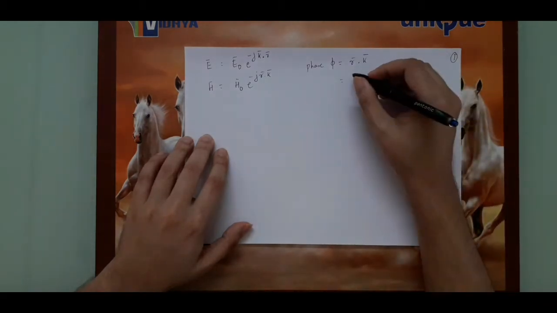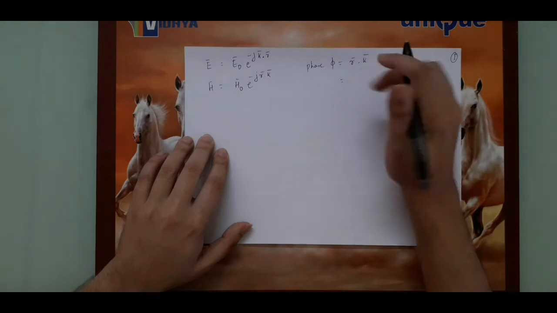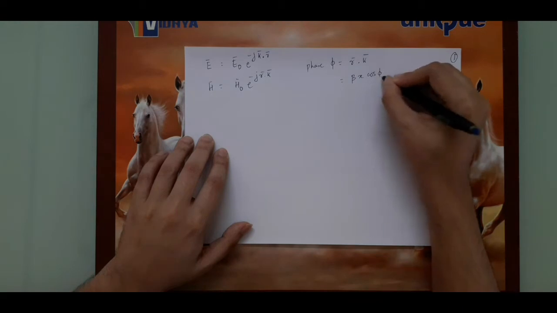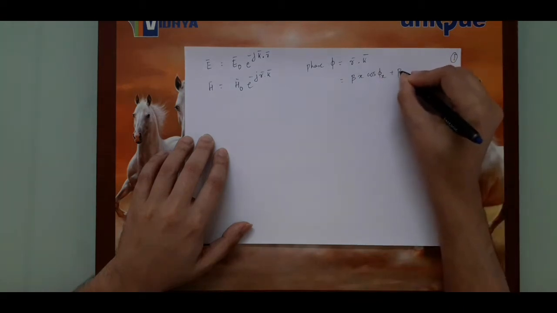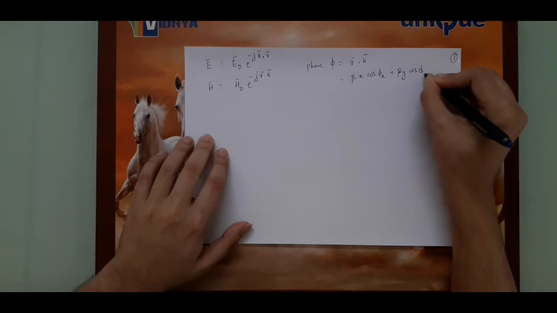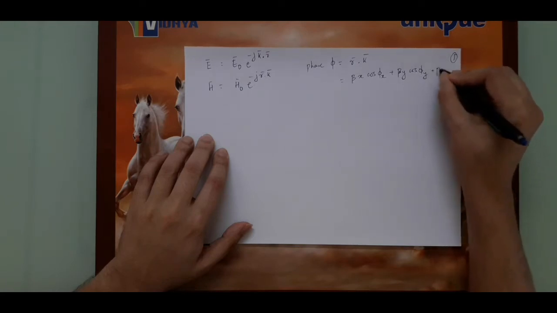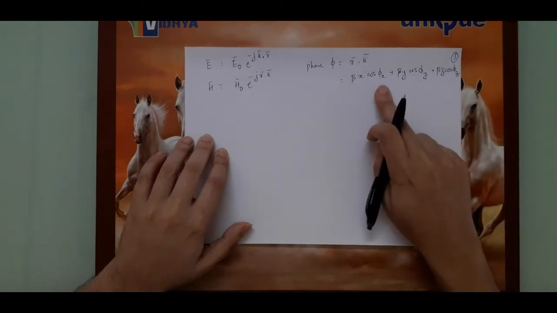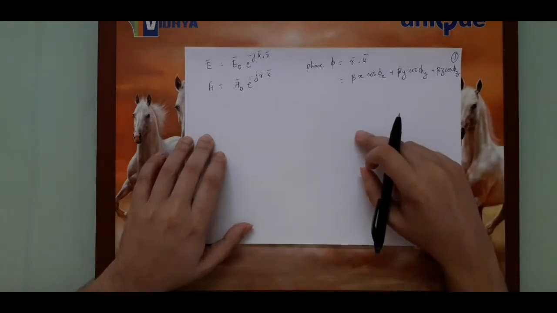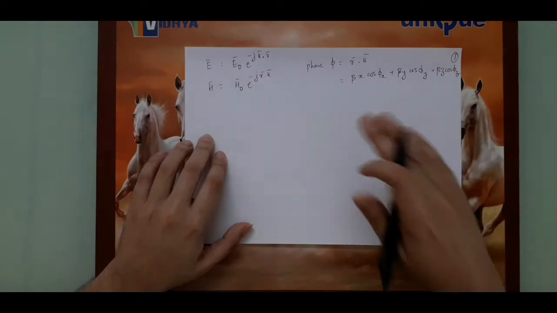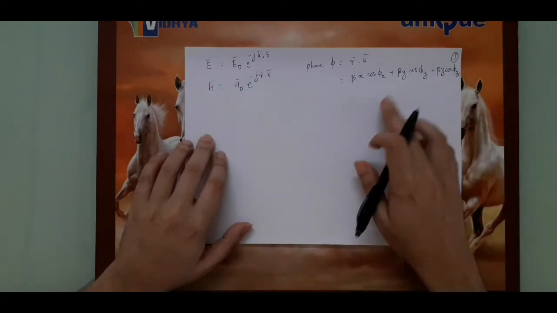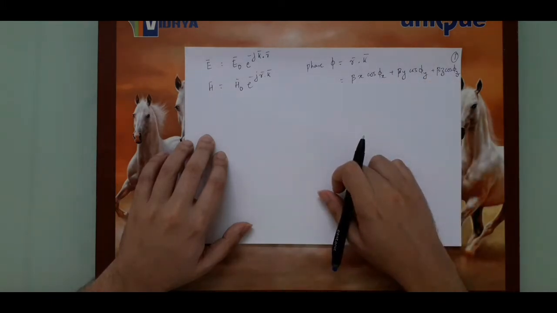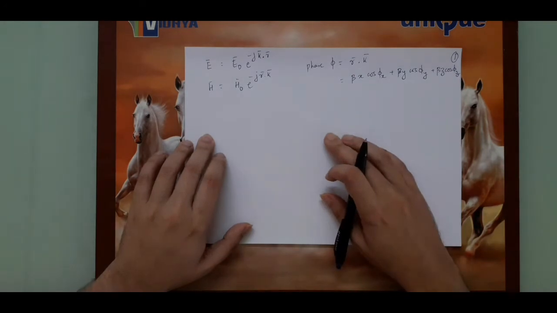So that is nothing but beta x cos phi x plus beta y cos phi y plus beta z cos phi z. We had defined that phi x, phi y and phi z are the angles which the direction of wave propagation makes with the three axes, and the cos terms for each of those angles are also called direction cosines. So we had discussed this in the last class.